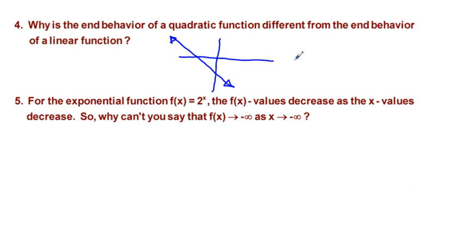For a quadratic function, you're going to have an opening upward, or in this case, an opening downward parabola. So the domain for each is the same, but your end behavior is different. With a quadratic function, both ends go in the same direction.